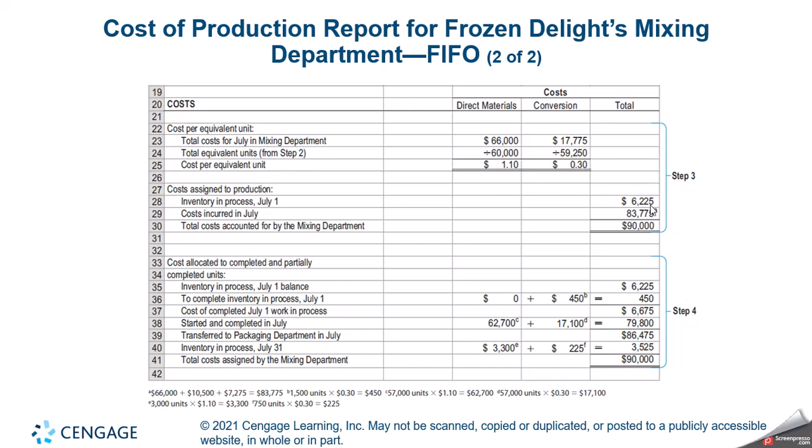This is how we've mapped it out for the month. Then we're going to go down here and map out the costs based on that first in, first out. So the first ones would be our beginning inventory, then what we started and completed, and then that leaves us our ending inventory.